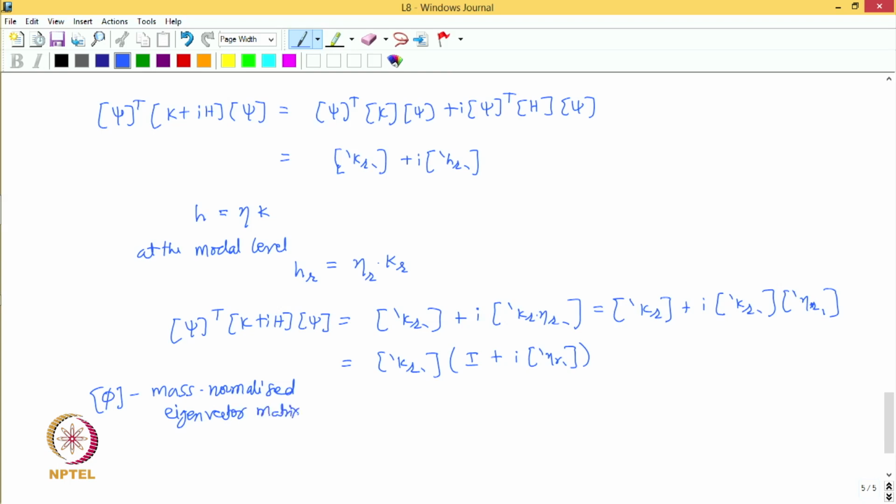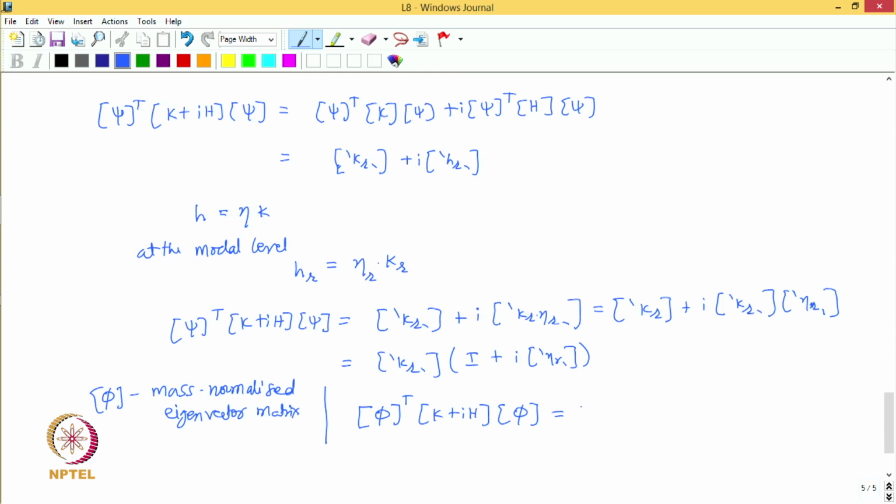If that is so, then now let us write down this relationship using the mass normalized eigenvectors. So, we can write this as Φᵀ(K plus iH)Φ. Now, the modal stiffness of the corresponding undamped model would be nothing but the diagonal matrix of natural frequencies squared, that is, the eigenvalues of the undamped model.